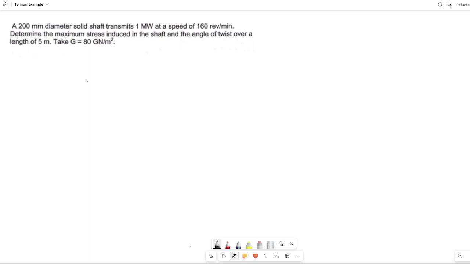So we know from mechanics that to calculate power, it is torque multiplied by the angular velocity.